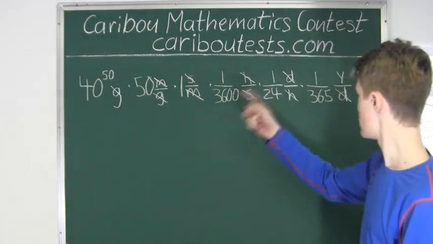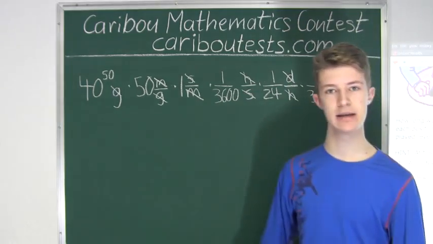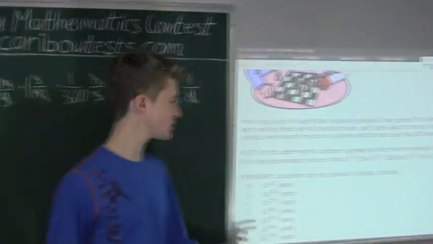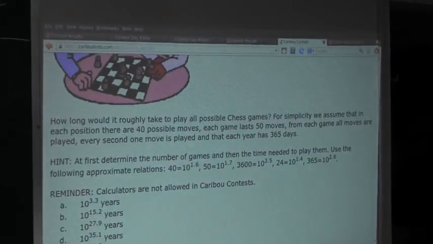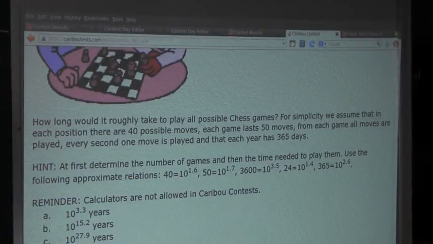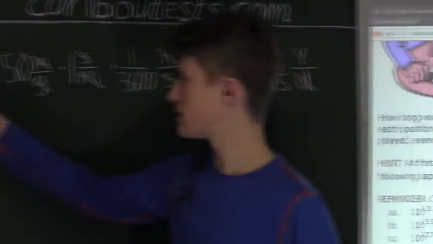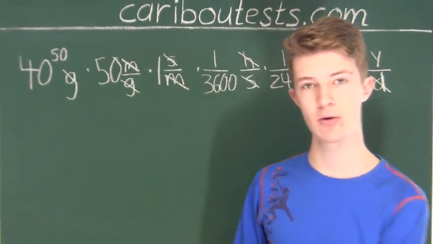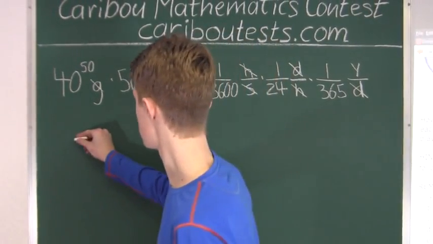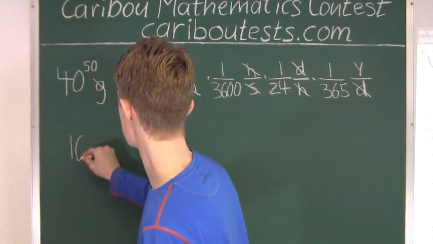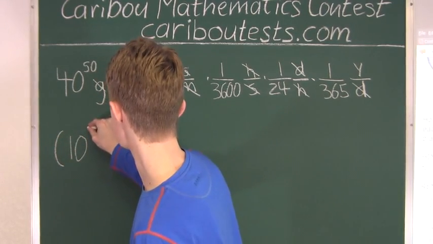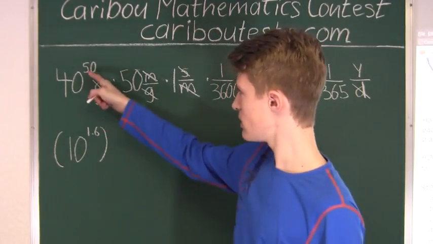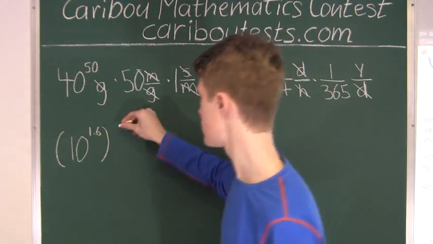Okay, now this looks very hard to calculate, so we will make it easier. From the question, we are given relations for all the numbers we have used in terms of powers of 10. We start with 40, which from the question is 10 to the power of 1.6. We do that in brackets, and all of that is to the power of 50.